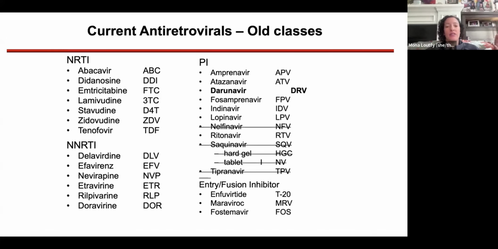If anybody is interested in virology and drug resistance, it's very interesting. But you see that adds another level of complexity to understanding the use of antiretroviral drugs: what are the resistance patterns of the different classes and drugs.